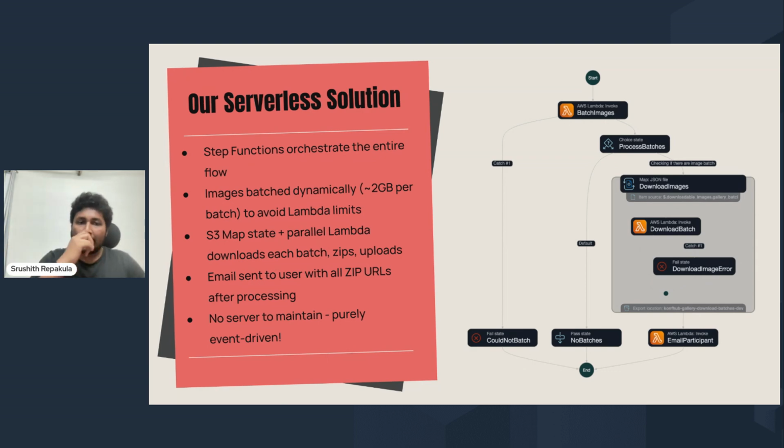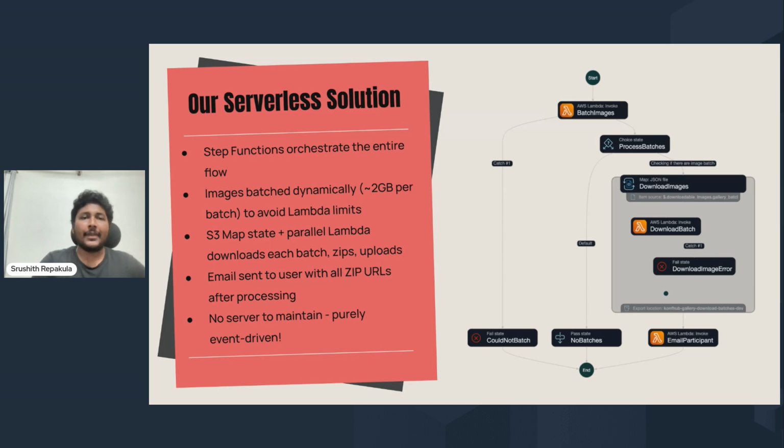The participant then has an email with links to the zip files containing all the images they requested. This is how we built it completely serverless without increasing the complexity of our application.